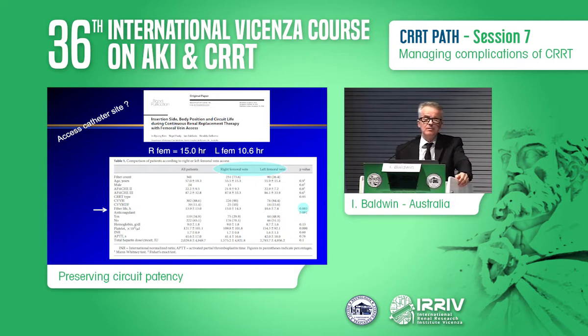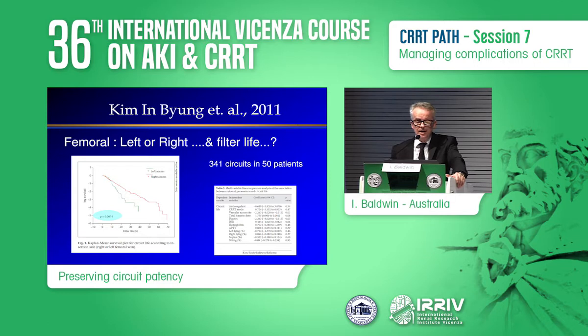The filter life or runtime, right femoral versus left femoral: the data in this study that we published with Kim and Bayoung back in 2011 showed that the right femoral, in fact, was favouring a longer filter life. You can see there, and here's the Kaplan-Meier graph for that, and 341 circuits.